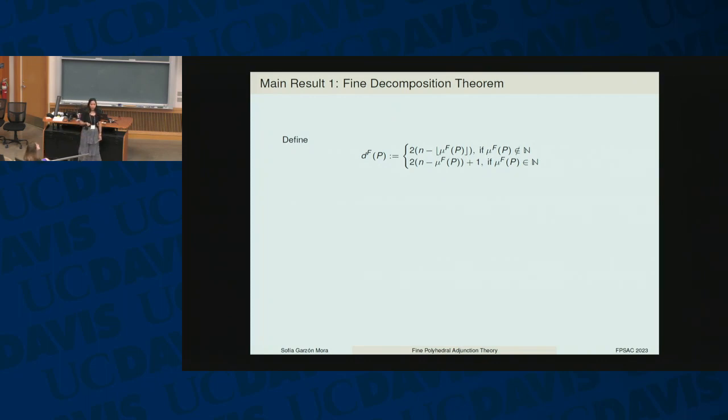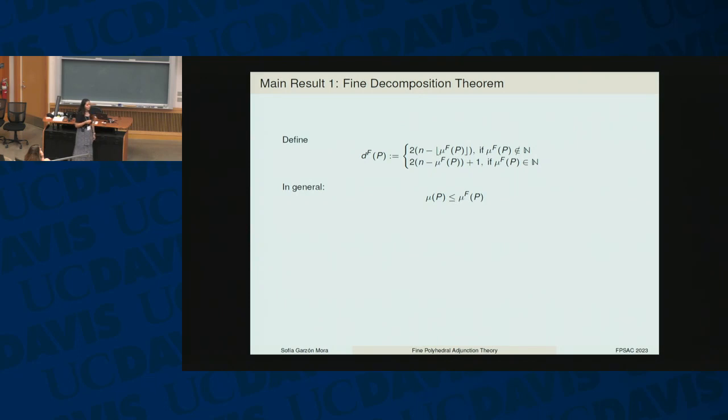Basically, I'm redefining this parameter d for the dimension, if you remember it, for the Cayley polytopes, by replacing this Q-codegree with the fine Q-codegree. It turns out that the Q-codegree is bounded from above by the fine Q-codegree.